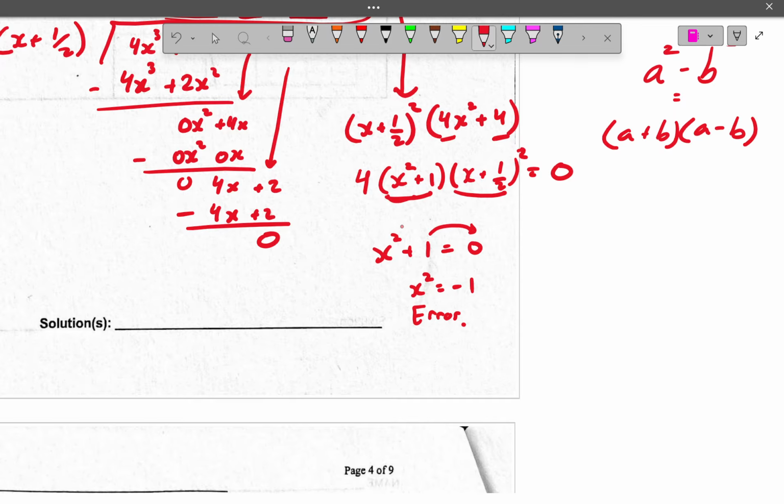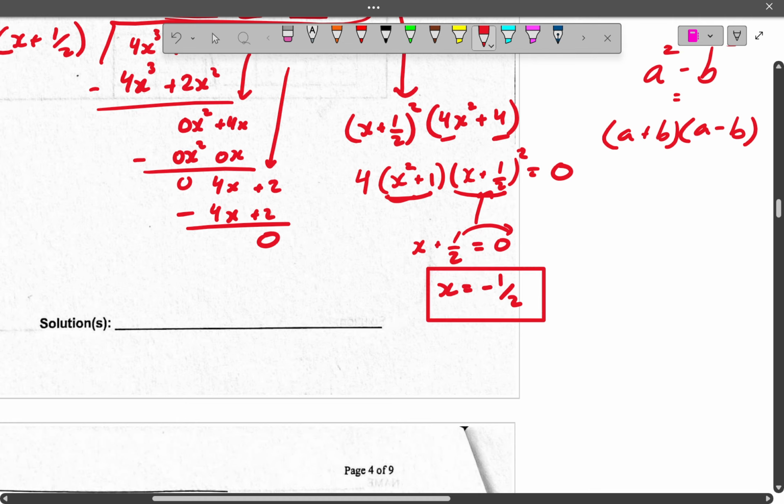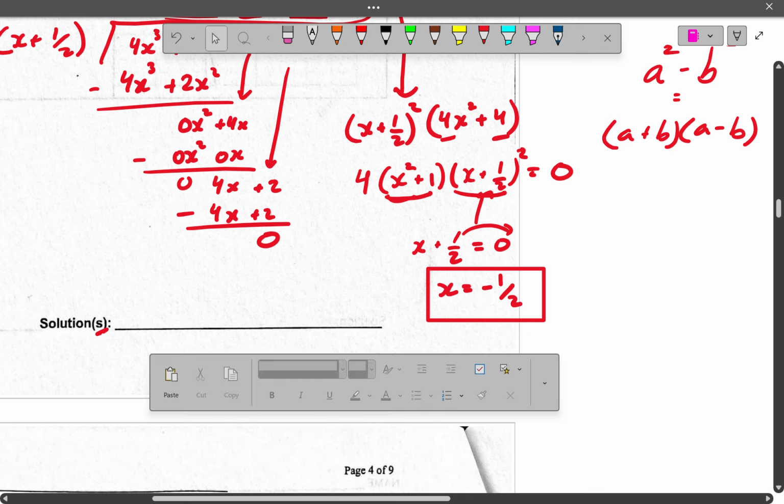So there's no solution from here, but from this one, if you want to see how this could be equal to 0, we could say let this x plus a half equal 0, and then moving this half to the other side, you'll see that x equals negative a half. And that's your only solution that you can get here from these two factors. So our solution, or solutions, is just the one. It's just when x is equal to negative a half.